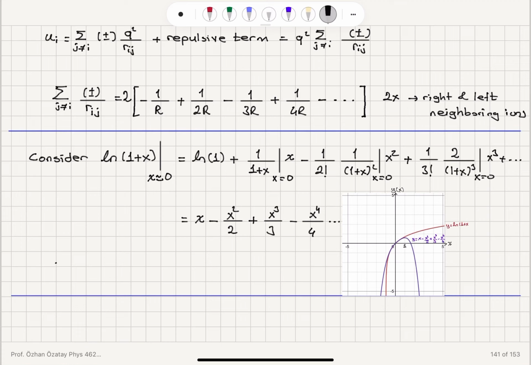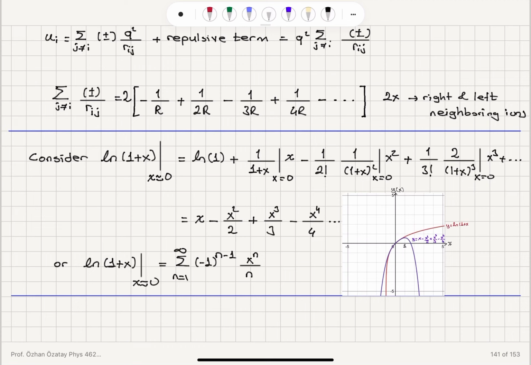Or we can write the Taylor series approximation for natural logarithm of 1 plus x, for low values of x close to 0, as the sum over n equals 1 to infinity of minus 1 to the power n minus 1, x to the n divided by n. So let's check.